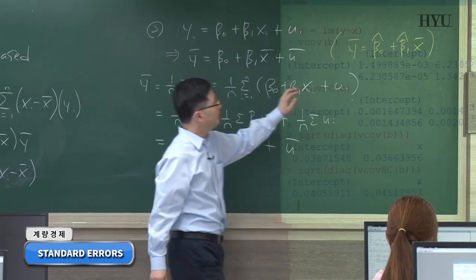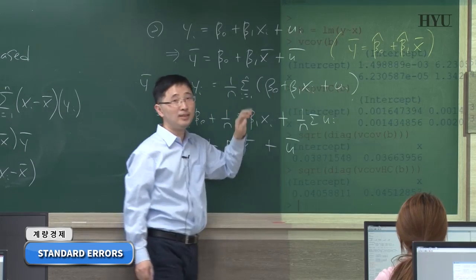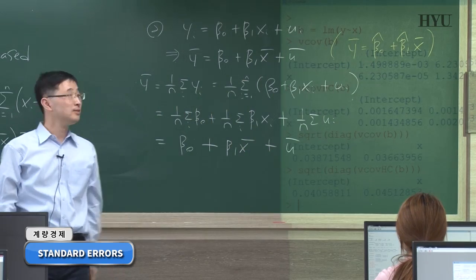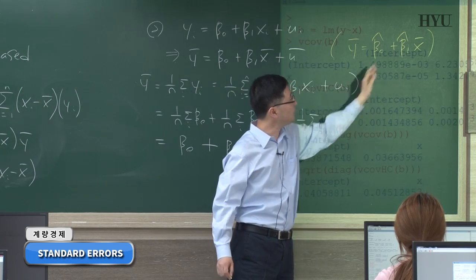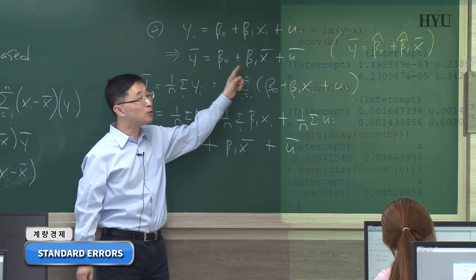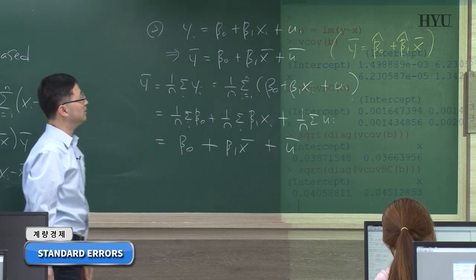So this one and this one are kind of different equations, right? Here we use the estimated regression coefficient. Here we use the true regression coefficient.